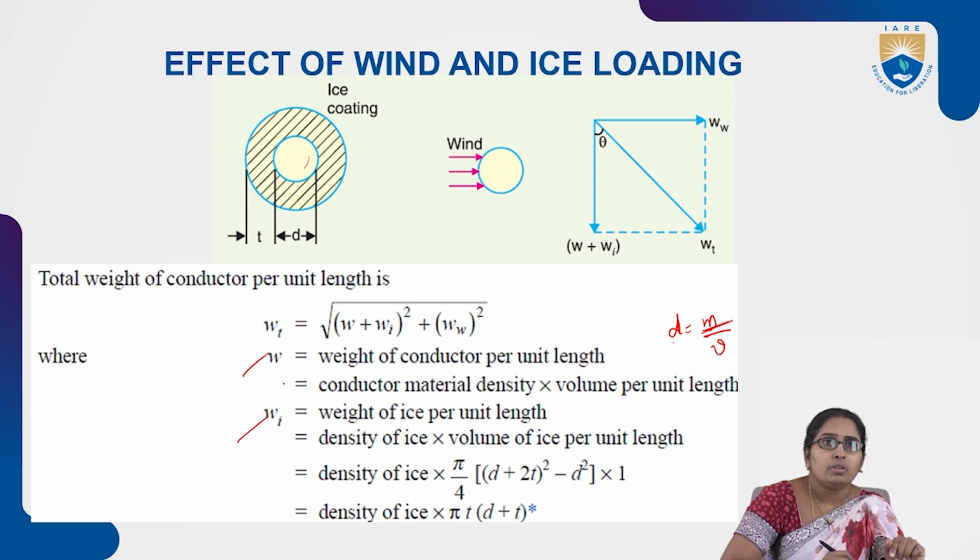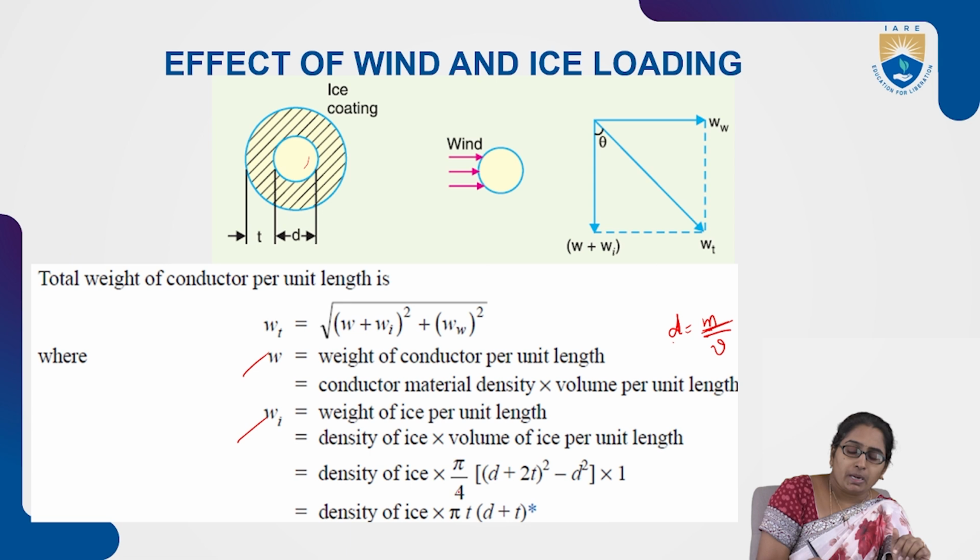Next, Wi, the weight of the ice. It is again calculated per unit length. So it is the density of ice multiplied with the volume of ice. The volume of ice is given as the area of the ice coating multiplied with 1 per unit length.